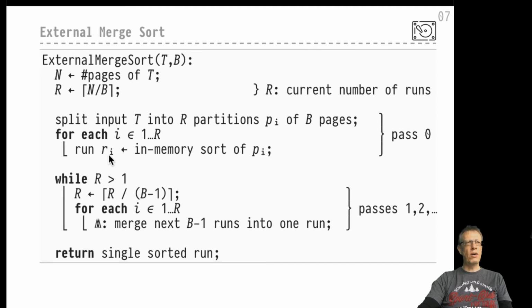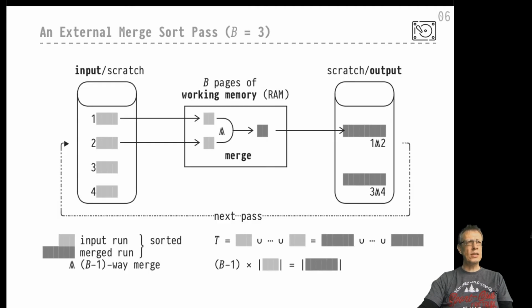So this Ri here would be one such run. Capital R many of such runs are being produced in pass 0 and are placed on the scratch disk or on the working memory disk. It's exactly these runs, R1, R2, R3, R4, that we are looking at in this particular sketch of the algorithm.